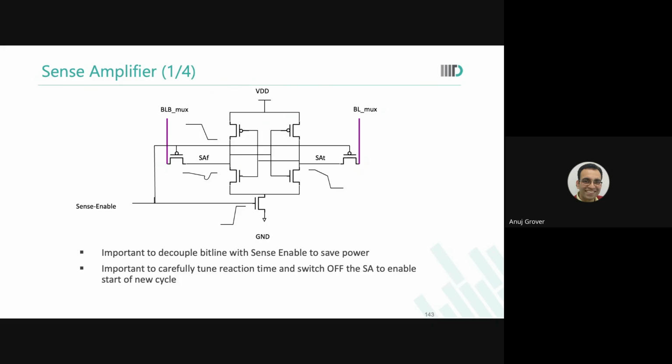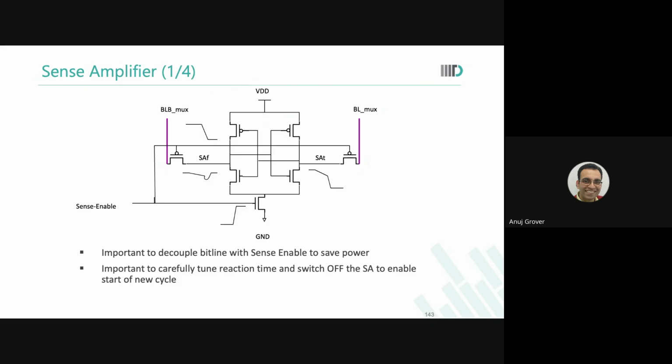So you want a short reaction time? Your reaction time is fixed. You are saying my sense amplifier will remain on for a very short duration. In that very short duration, those V out and V out bar, whichever had to be discharged, has to be discharged. My latch should also latch the right output.